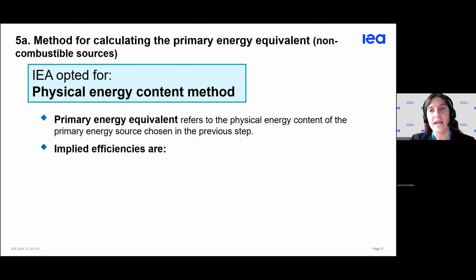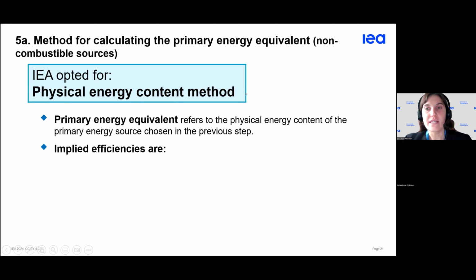So now that we've defined the primary energy form, we need to calculate the primary energy equivalent. So essentially, we need to quantify the primary energy form, and we call this quantified value the primary energy equivalent. In order to quantify the primary energy form, the IEA has opted for the physical energy content method. And this simply refers to the fact that once we've chosen the primary energy form, in order to calculate the primary energy equivalent, we just calculate the physical energy content of that primary energy form.